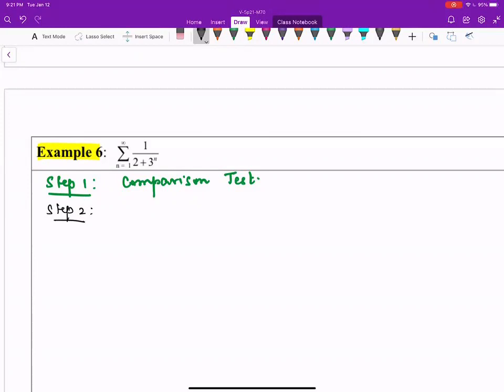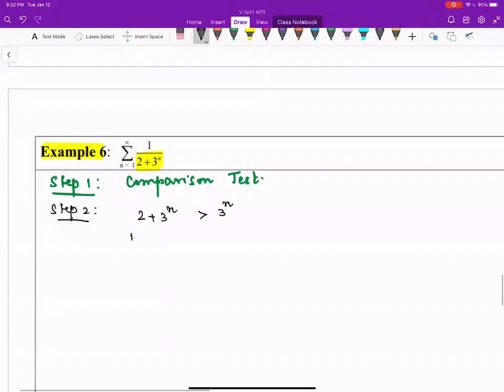So we will look at the denominator of the given series, which is 2 plus 3 to the power n. I can say 2 plus 3 to the power n is more than 3 to the power n. If I take the reciprocal, the inequality gets reversed: 1 over 2 plus 3 to the n is less than 1 over 3 to the power n.